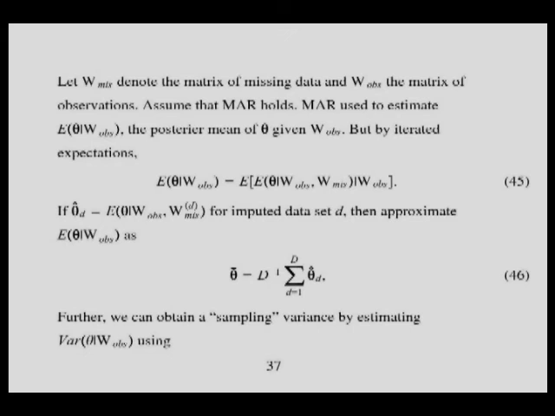Okay? So again, this is just iterated expectation. So the question is, how do you use the imputed data sets to come up with this object when you want to integrate out the imputations at the end? Well, you just obtain these things as the posterior means, and you have d of them, and you just average them in the end.